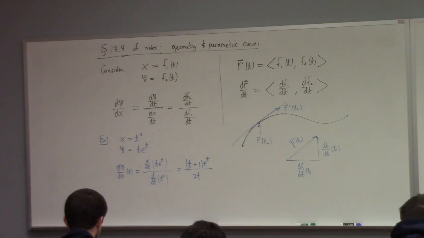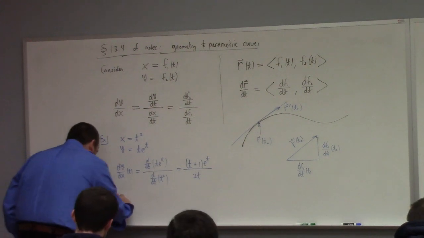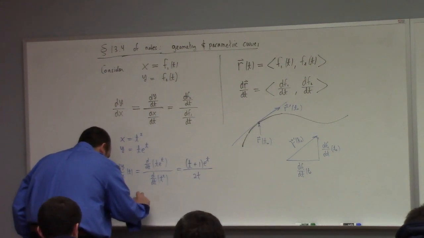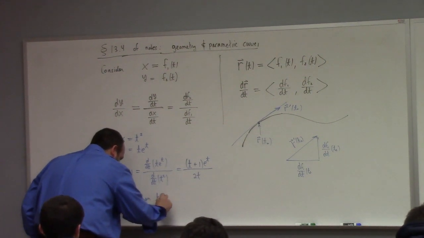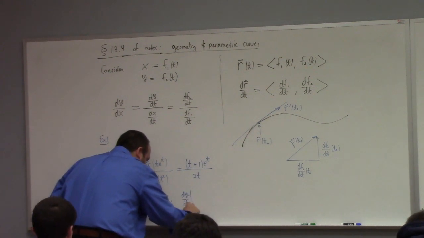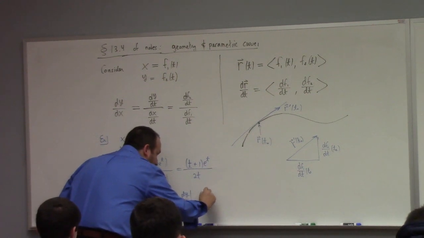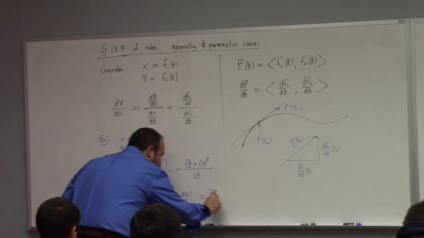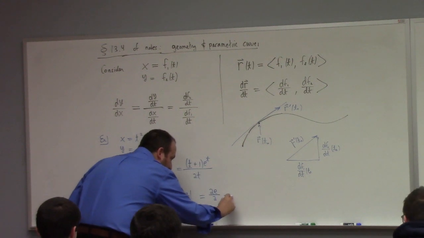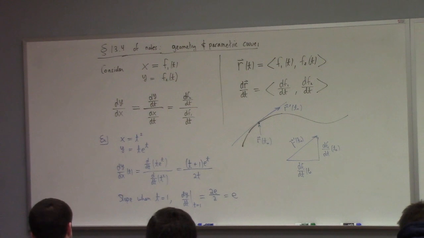So what would the slope to this parametrized curve be at time 1? What do I got? I got 2e divided by 2, right? So the slope would just be e. What's the equation to the tangent line when time equals 1?